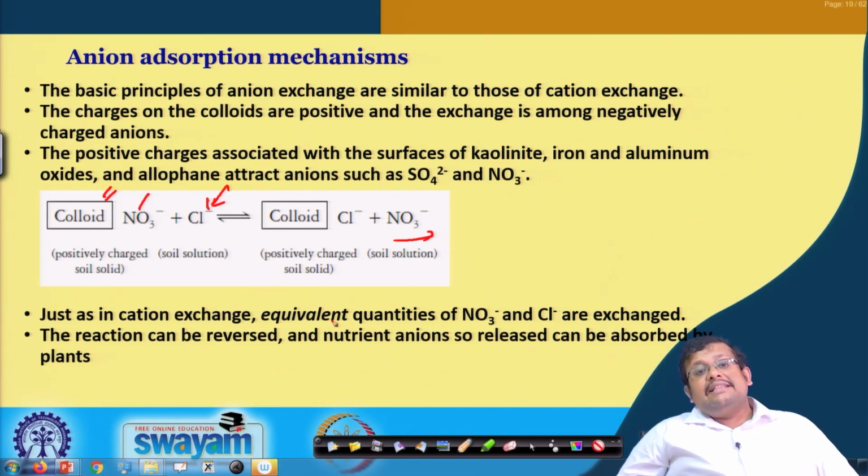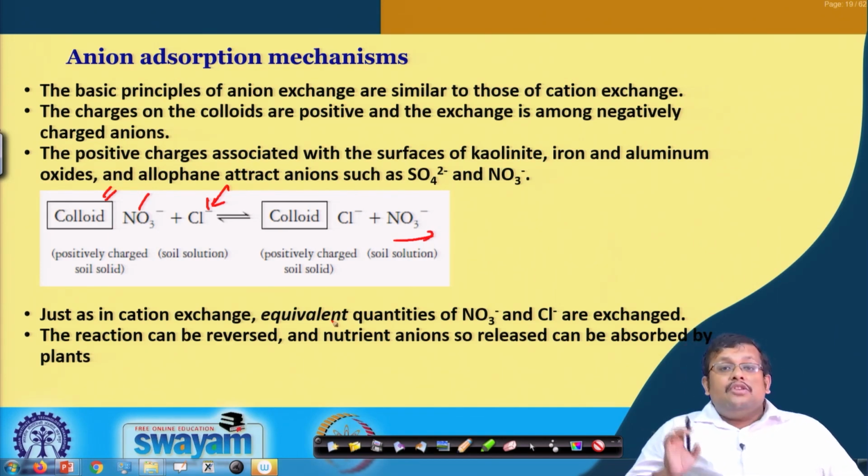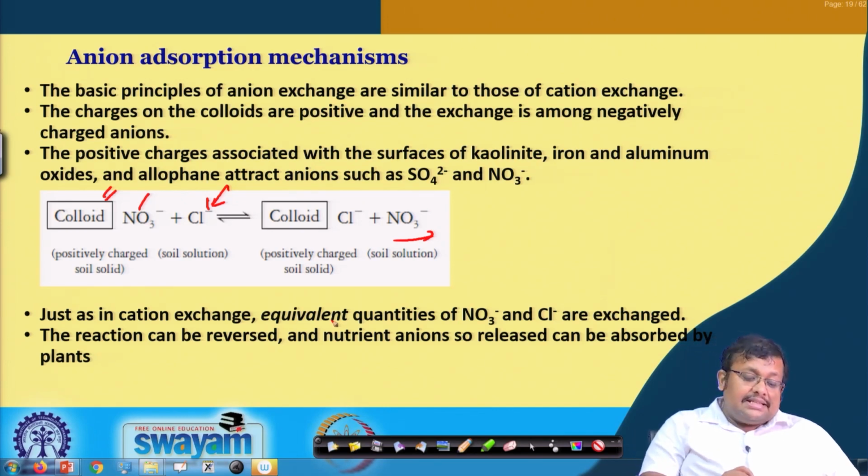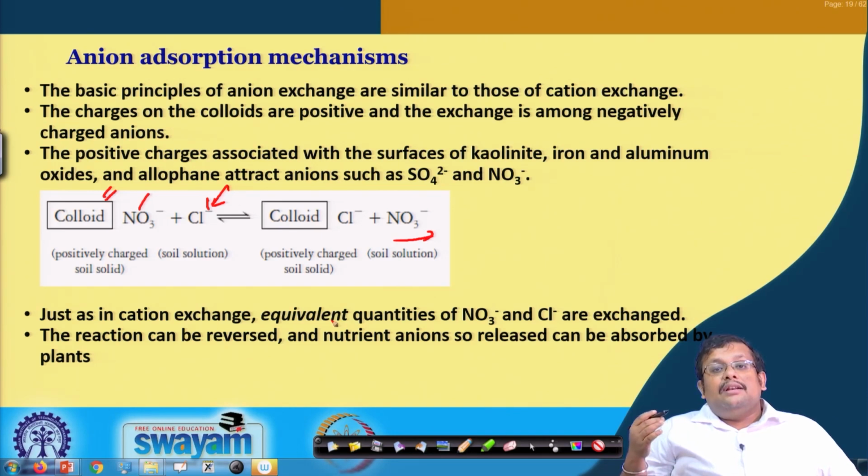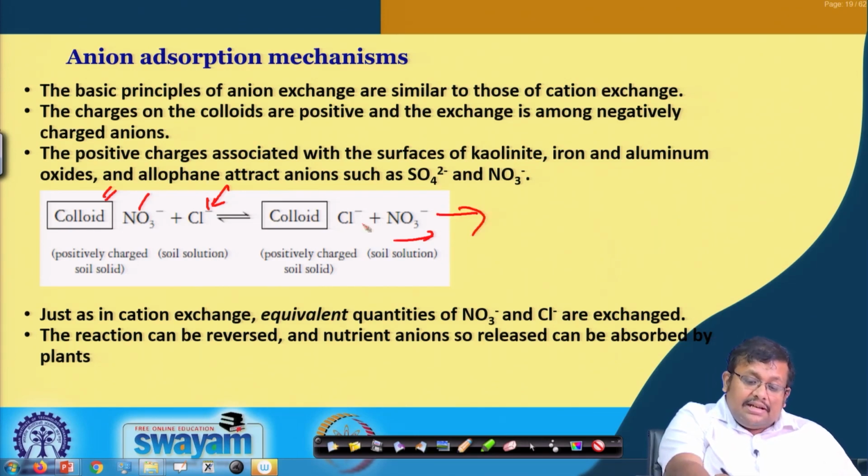Just as in the case of cation exchange, equivalent quantities of nitrate and chloride are exchanged in this condition. Okay. The reaction can be reversed and the nutrient anions so released can be absorbed by the plant. So, this nitrate which is released by this clay colloid can be further absorbed by the plants.